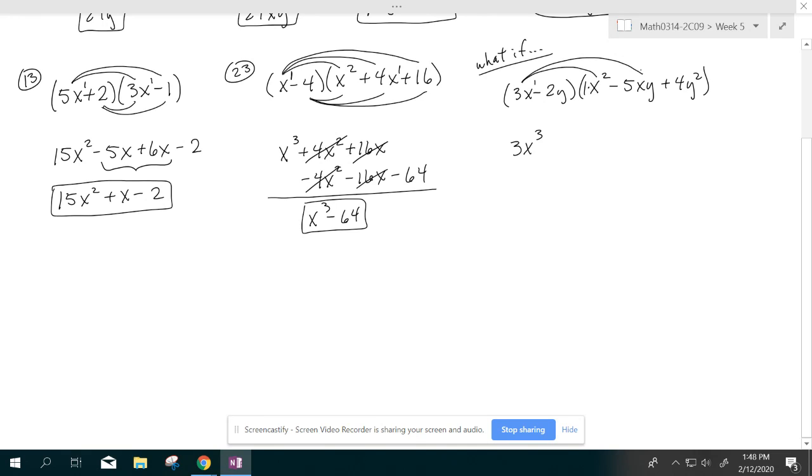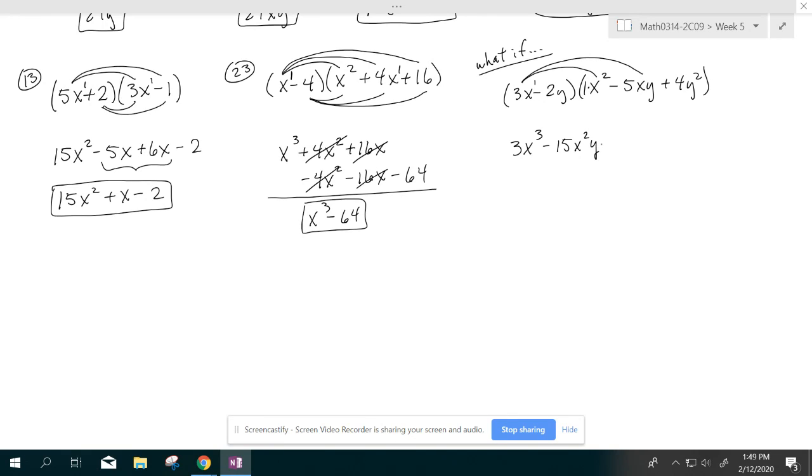Next, 3x times negative 5xy. Negative 15 x squared y. Everybody see where the x squared comes from? Look, this guy has an x. Oh, and he's got an x.